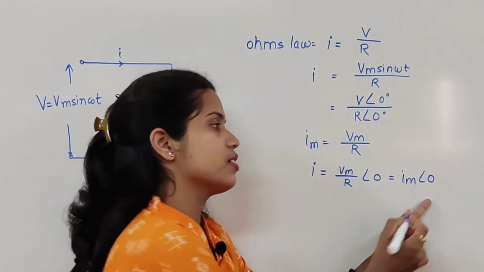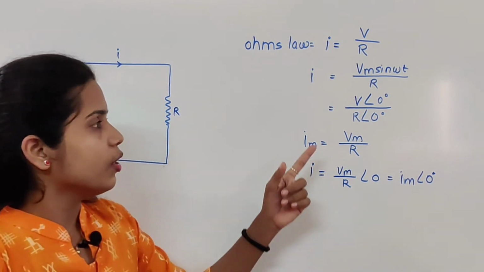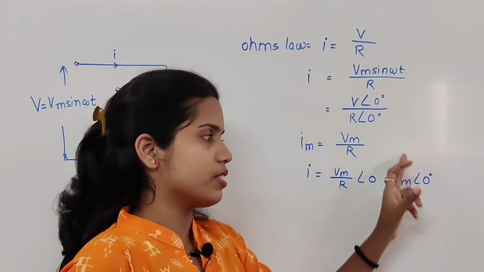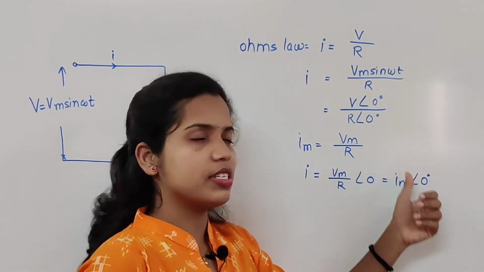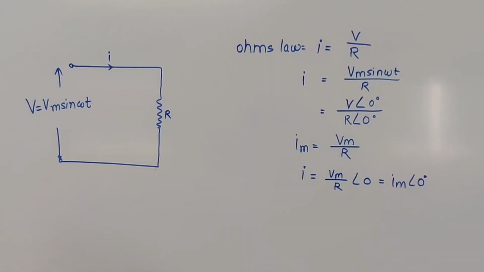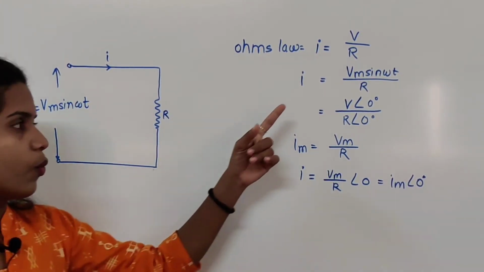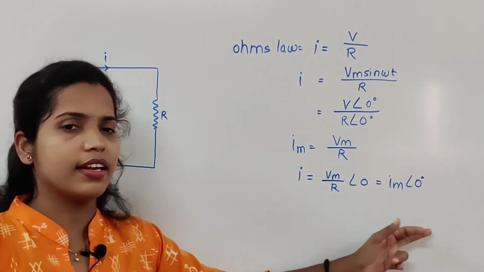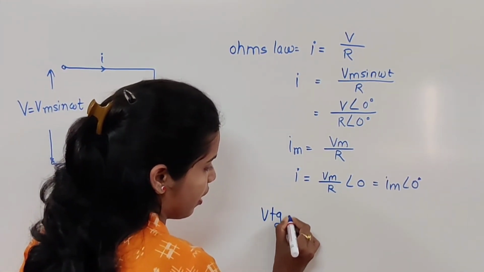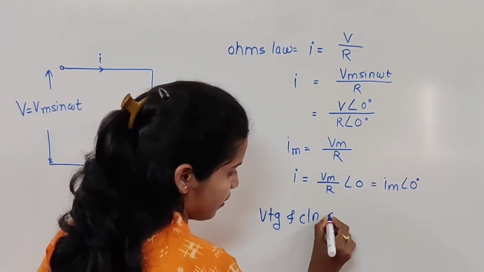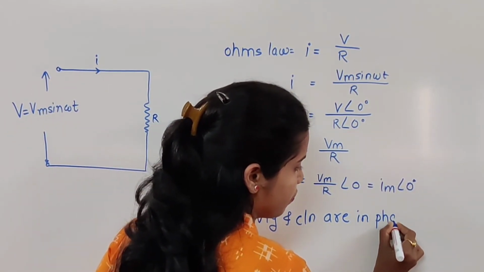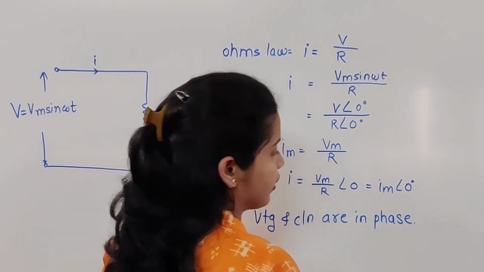Voltage V at an angle 0 means there is a 0 phase difference, and 0 phase difference means they are in phase. So the concluding point is, in a purely resistive circuit, voltage and current are in phase.